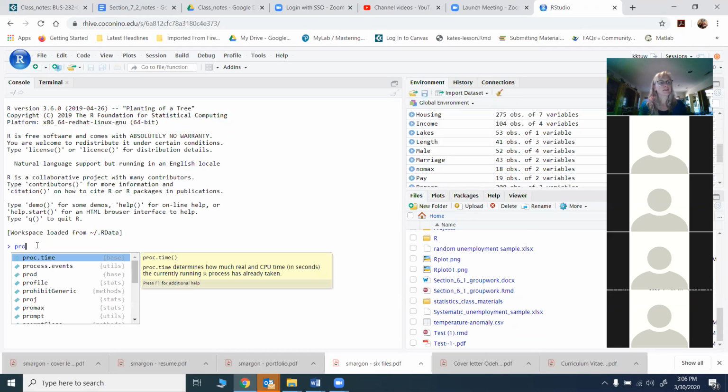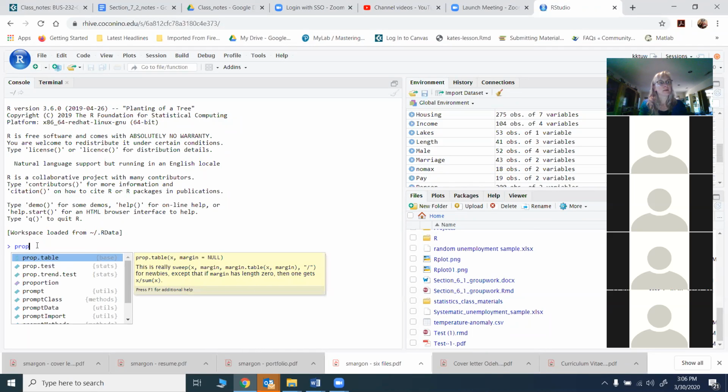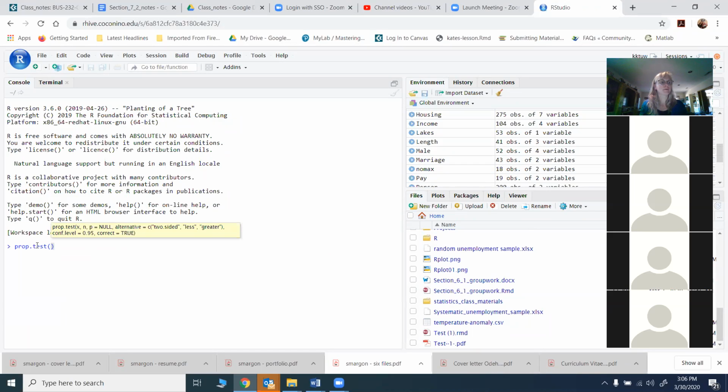So the R function is prop.test. It tells you what you're gonna type in: your X value, your N value, and P equals whatever your null hypothesis says. Then alternative equals, and you can say greater or less. All right, so that's what we're gonna type in.